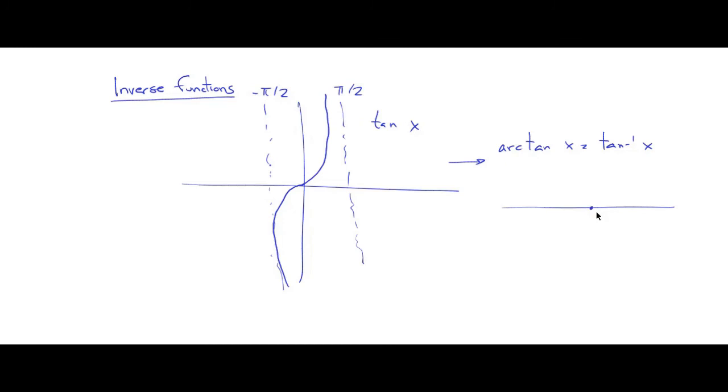It goes to 0 at 0, and it has two horizontal asymptotes at pi over 2 and minus pi over 2. If you do the y equals x trick, you will see that this is the function. This is the arctangent of x.